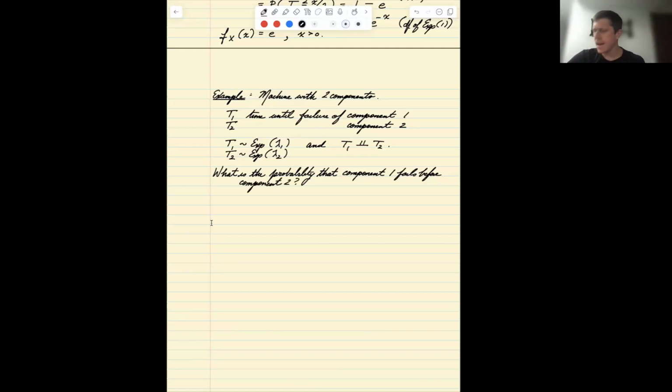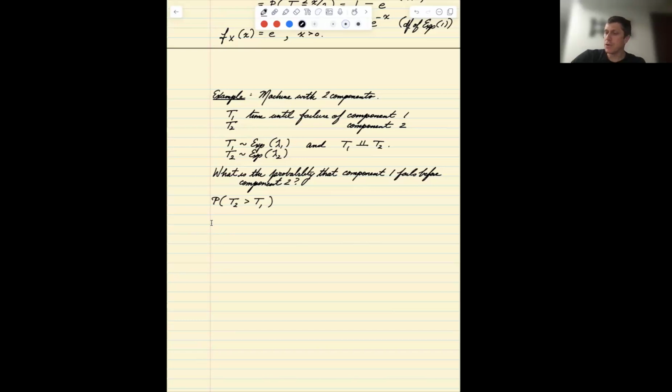So this event, component 1 failing before component 2, is the probability that the failure time T2 is greater than the failure time T1. Because if T2 is bigger than T1, the failure time of component 2 is bigger than the failure time of component 1. How do we do this?